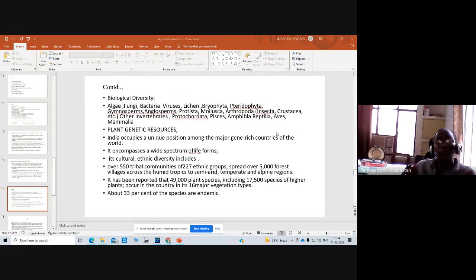Biological diversity. So there are different types of biological diversity: algae, fungi, bacteria, viruses, lichen, bryophyta, pteridophyta, gymnosperms, angiosperms, protista, mollusca, arthropoda, other invertebrates, protochordata, pisces, amphibia, reptilia, aves, mammalia.